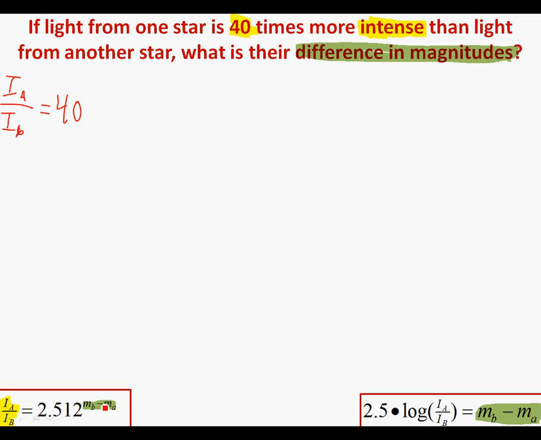You do this inner part first, and then that part. In this case, you work with the intensity first, you do the logarithm of that, then you do the multiplication, and that gives you the difference in magnitude, which is, remember, the result of MB minus MA.